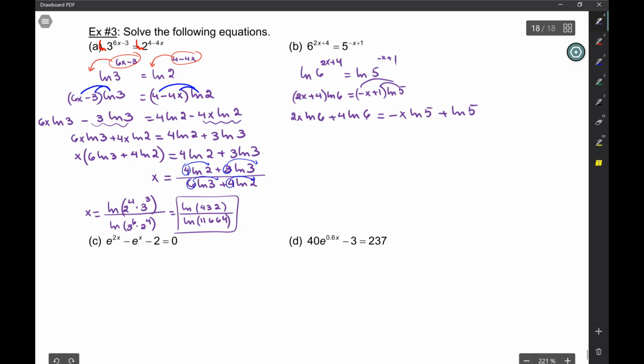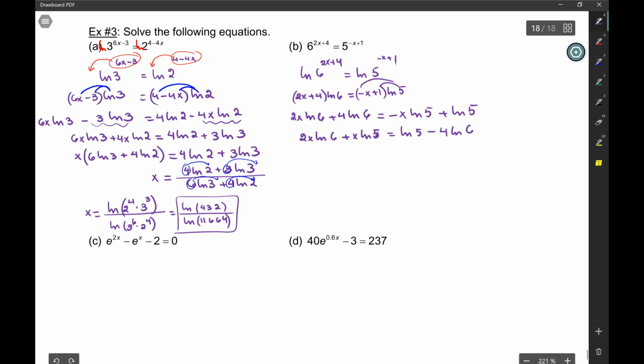So do you see why here I only factored out an x, right? Because I'm going to have to divide by it, I would have come up with the same answer later on. Okay, so now I'm going to bring all the x's to the same side. So 2x ln of 6 plus x ln of 5 equals ln of 5 minus 4 ln of 6.